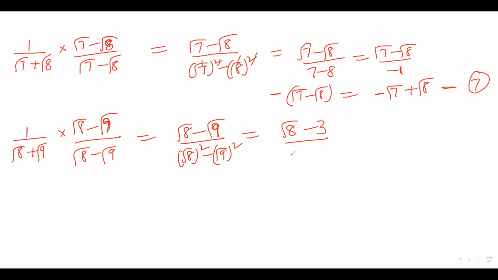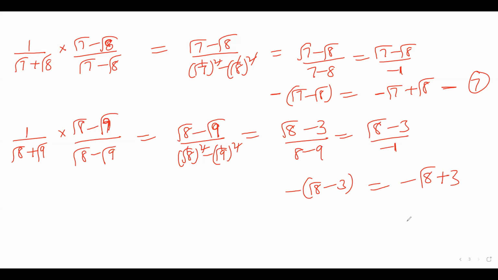It is 3. The square and root will get cancelled. 8 minus 9 is minus 1. This minus will go up. On opening the bracket, we'll get minus root 8 plus 3. Now all the 8 terms are rationalized.